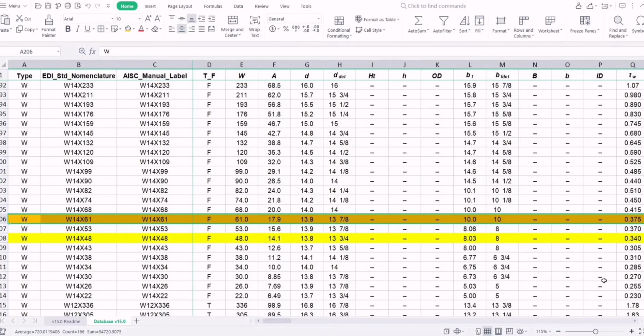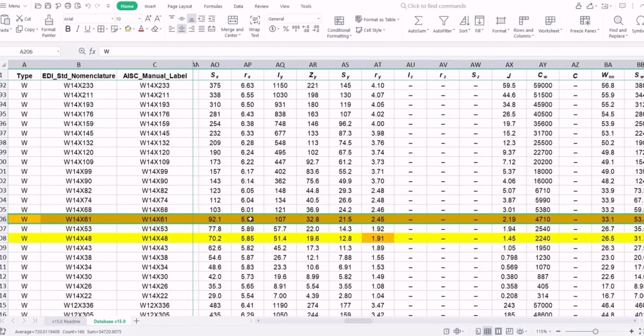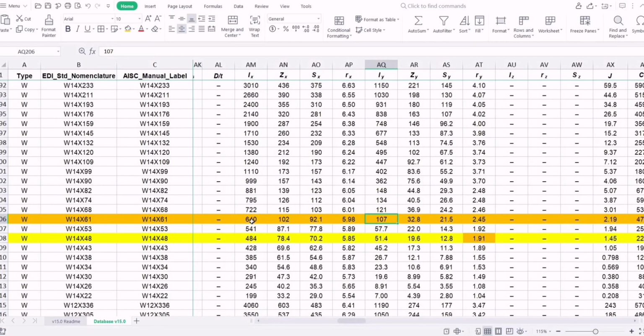So again, when it comes to the radius of gyration, if we observe the moment of inertia with respect to x and y, our moment of inertia with respect to the x-axis is 640, and with respect to y is only 107. And our radius of gyration with respect to the x-axis is 5.98, and our ry is 2.45.